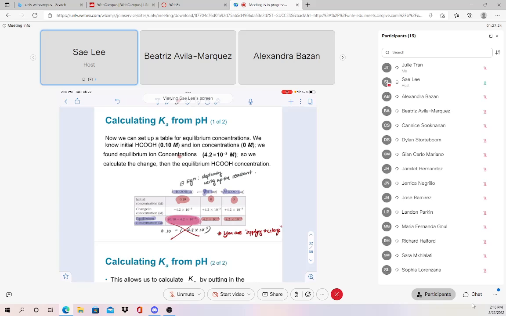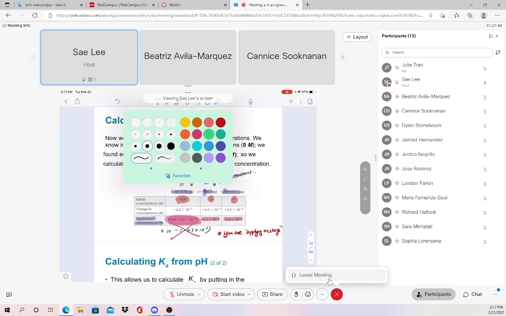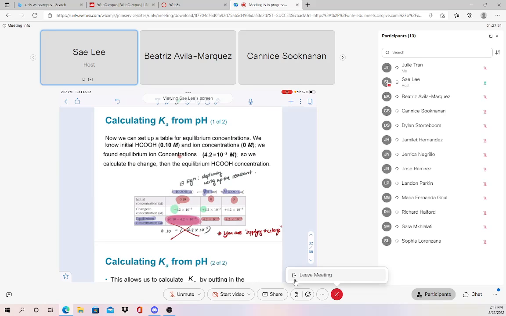Okay, thank you. So if you don't construct this table, you might think, I'm confident that I can get the equilibrium concentration of the reactant without constructing the table, but you might make mistakes on the signs if you don't construct this table.